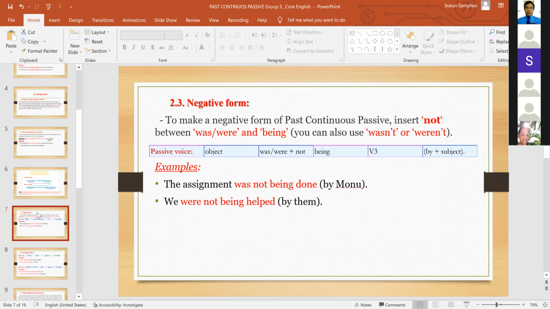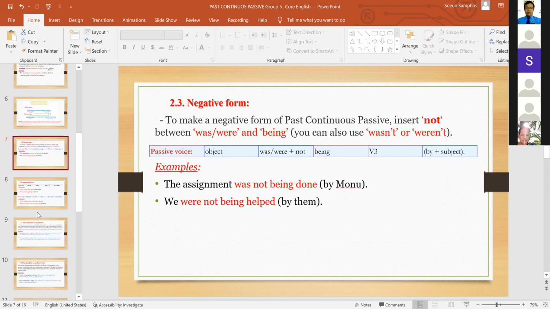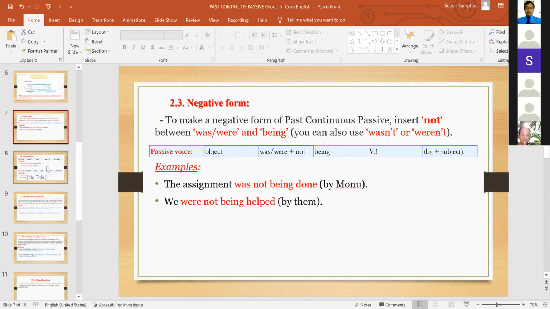This slide shows you the negative form. To make a negative form of the past continuous passive, insert "not" between was, were, and being. You can also use wasn't or weren't. I'll tell you the form first.